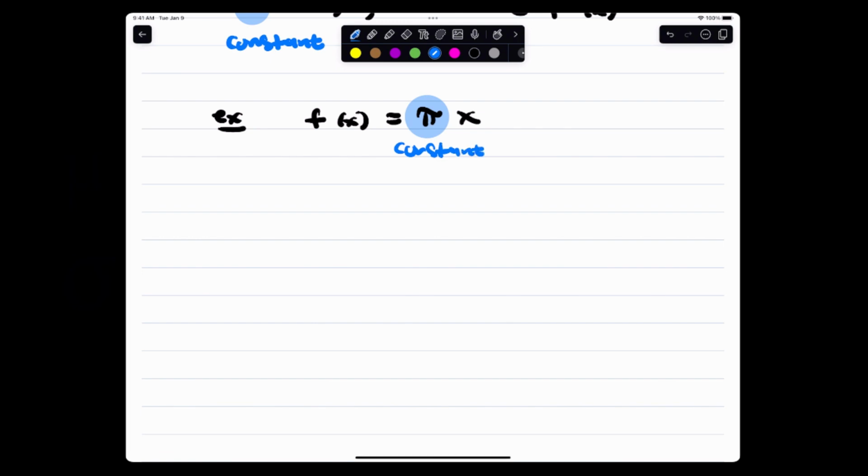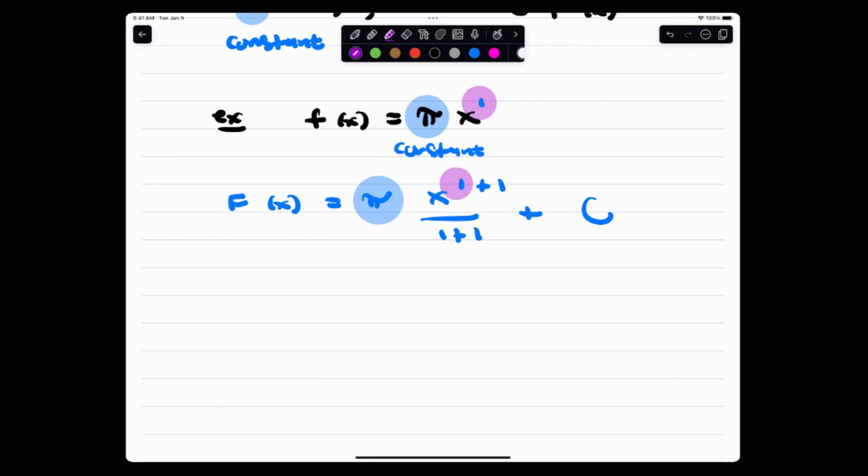So what's the antiderivative now? All you have to do is write down the constant pi, ladies and gentlemen. You okay with that? And then use your power rule. Because the power here is 1 if it's just x, right?